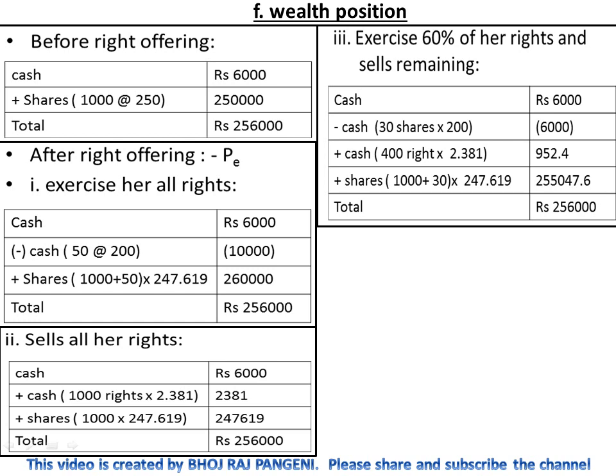Now 60% means, if she has 1000 old common stock as an existing shareholder, then 60% is equal to 600 rights.